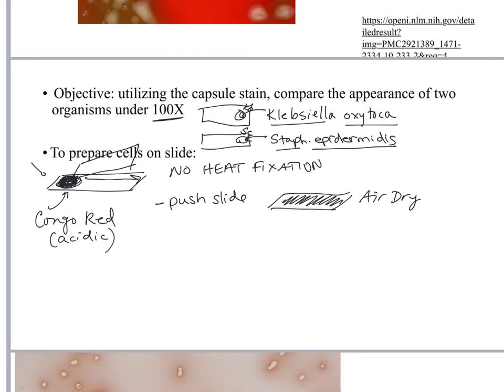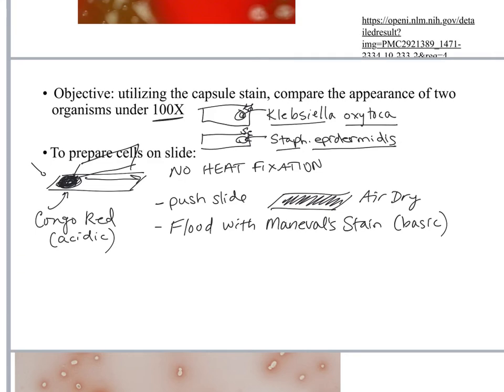Okay, once that's air dry, you're going to flood the entire slide with Maneval's stain. And this is a basic dye. This staining procedure actually still works pretty well even if you forget to add the Maneval's.